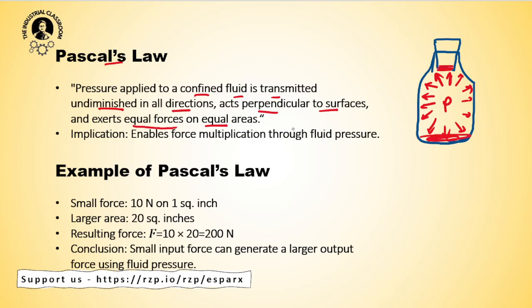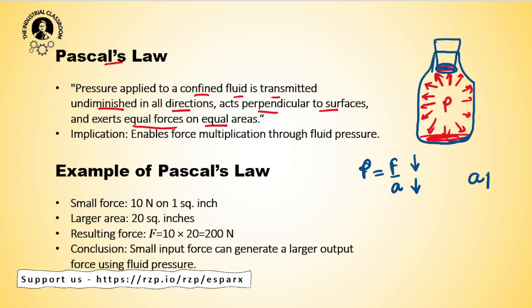Right, the first thing I want to say is that remember the pressure is equal but not the force. Why? We know that pressure is equal to force by area. So where the area is small, the force will also be small.